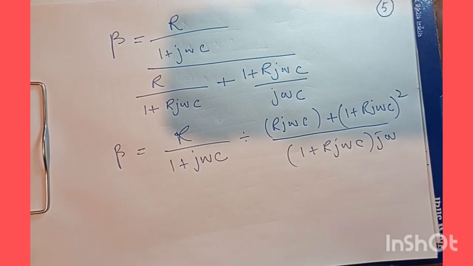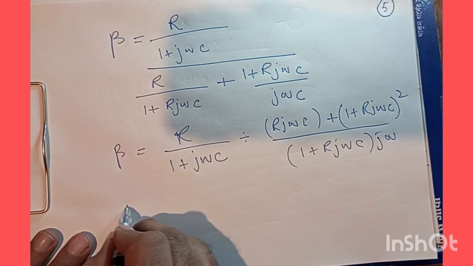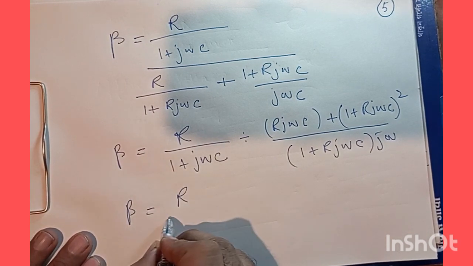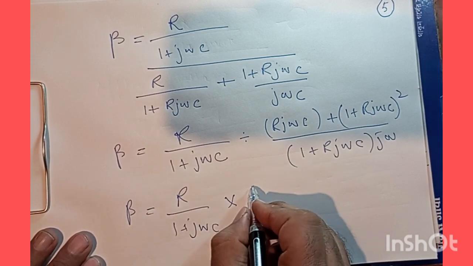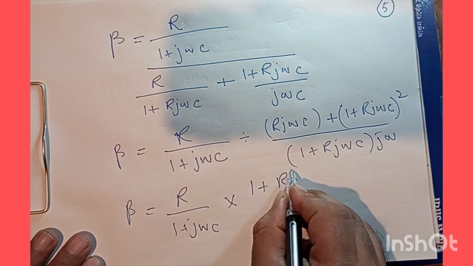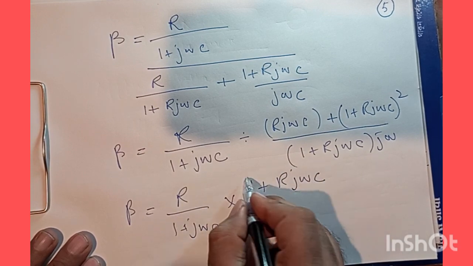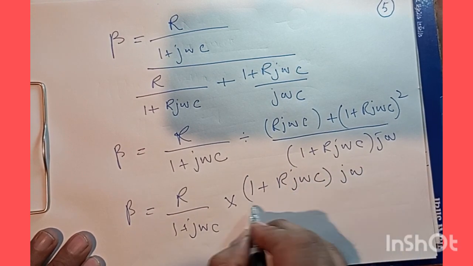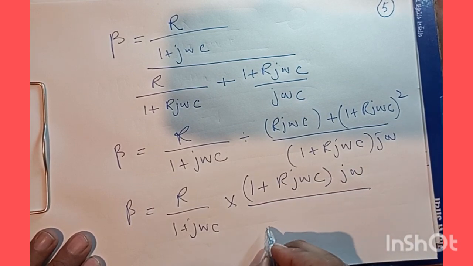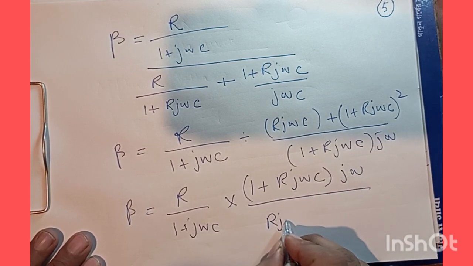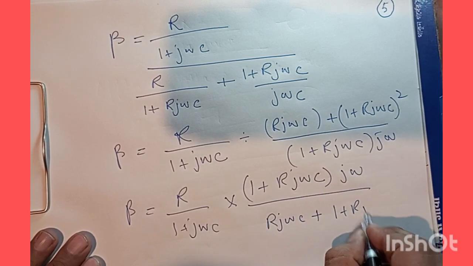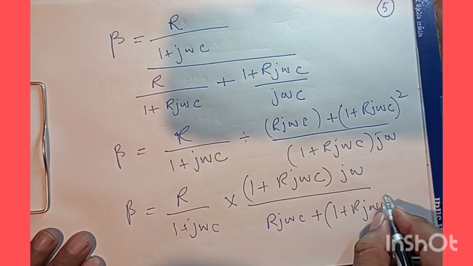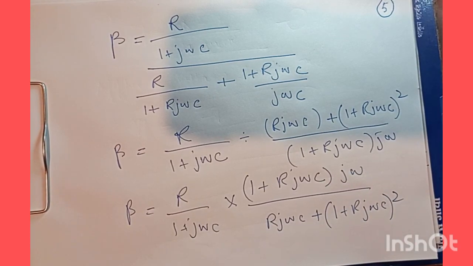I think it's clear, very simple. So beta is R by 1 plus j omega C times 1 plus R j omega C times j omega, divided by R j omega C plus 1 plus R j omega C whole squared. I think it's fine up to this point, right?